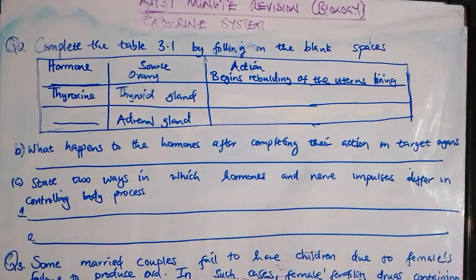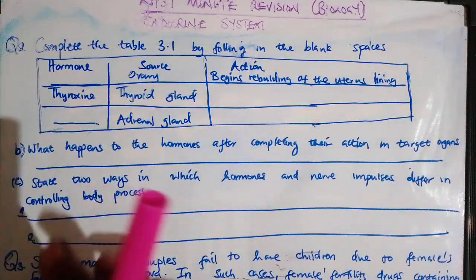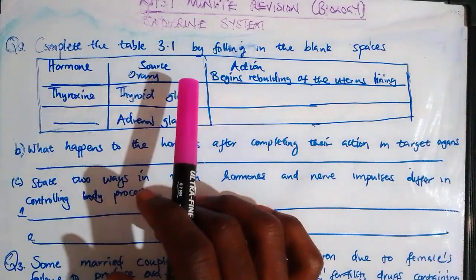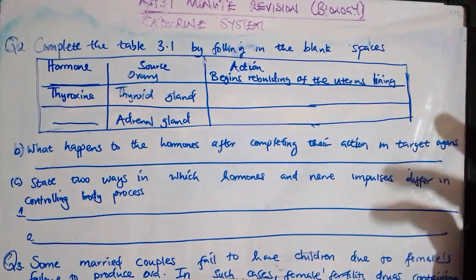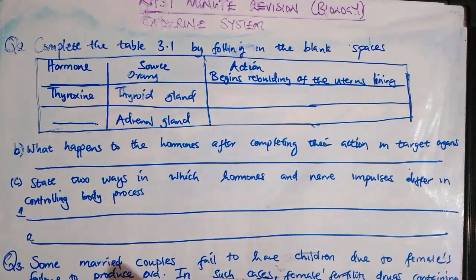Question 3. So question 3 is saying complete the table 3.1 by filling in the blank spaces. So this is another way, or this is how you should be expecting questions on what? On endocrine system. They just don't come straightforward. So they come like this.